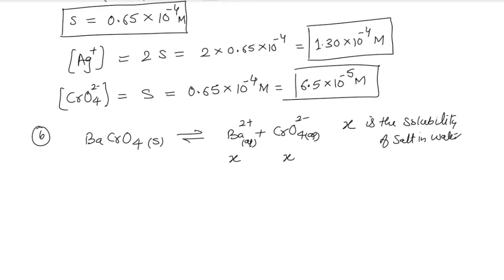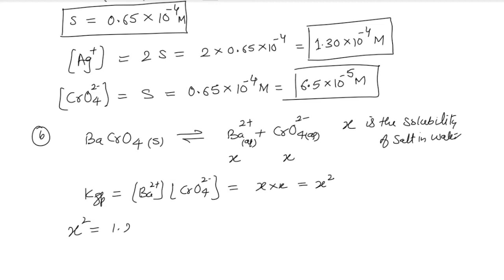So Ksp is equal to barium 2 plus ion concentration into chromate ion concentration, that is X into X, that is X raised to power 2. And Ksp is 1.2 into 10 raised to power minus 10. So X square equals 1.2 into 10 raised to power minus 10.